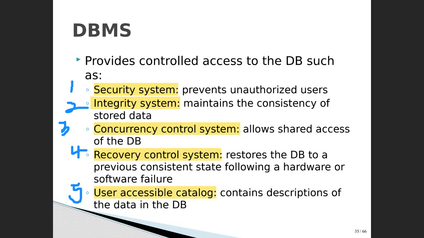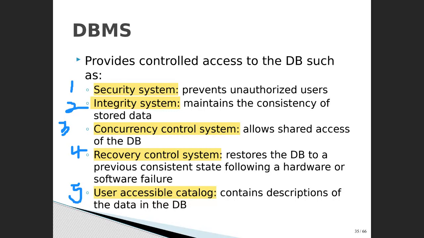Number 5, user accessible catalog. As we said, there will be a description of data in the database system, right? Not the data itself. The data itself will be stored in the database.